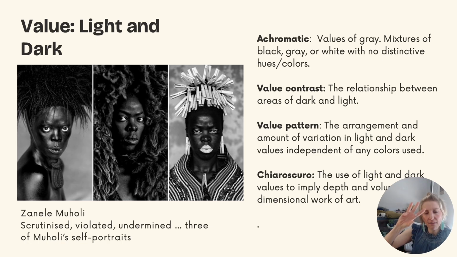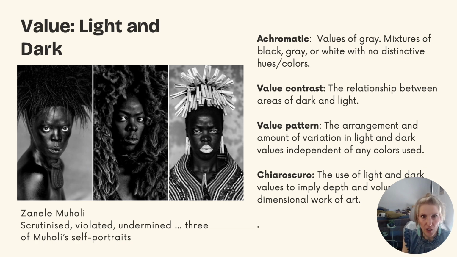So we have different varying values of light and dark. We have achromatic, value contrast, value pattern, and chiaroscuro. Achromatic is values of gray. It's mixtures of black, gray, or white, but there's no color or hue. Value contrast is the relationship between the areas of dark and light.